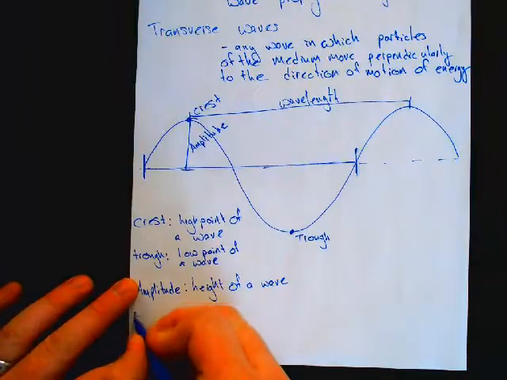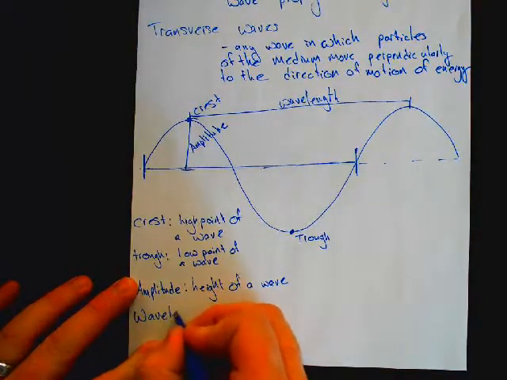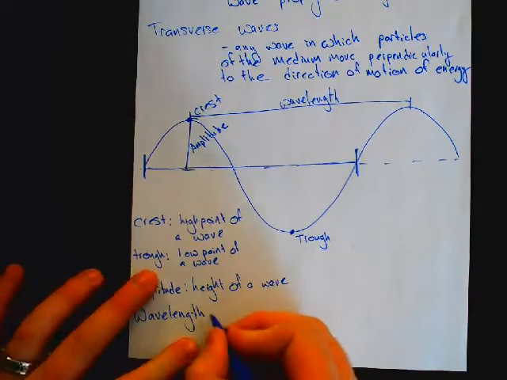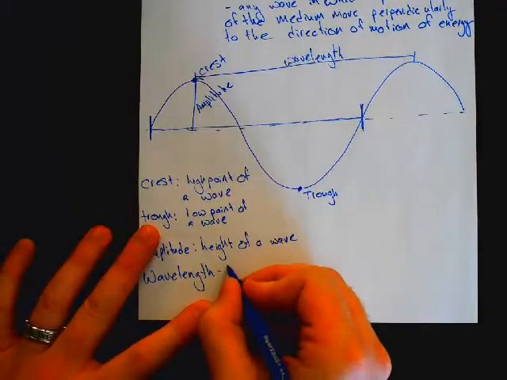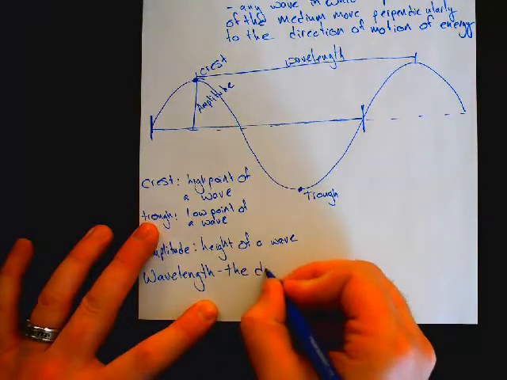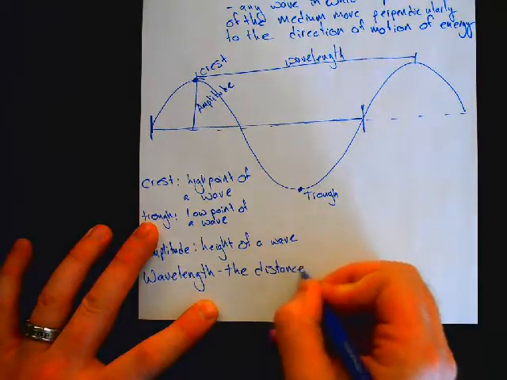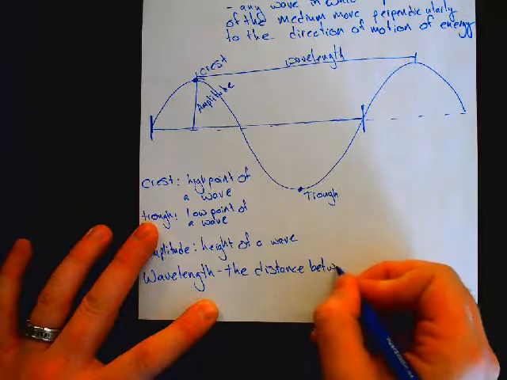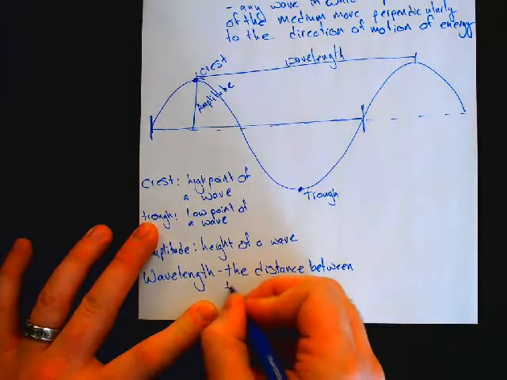Okay, so wavelength is the distance between two identical points on a wave.